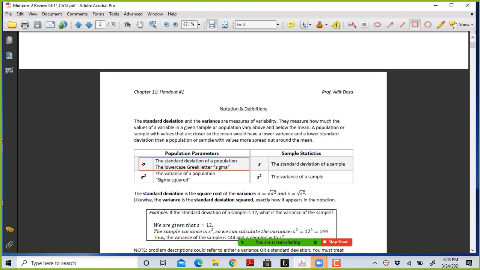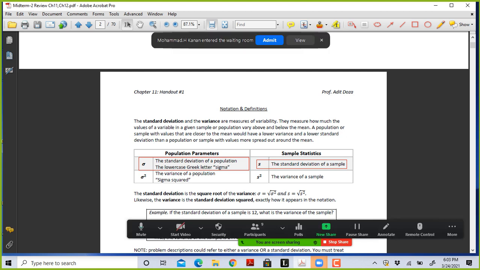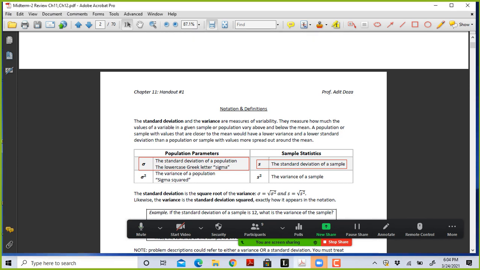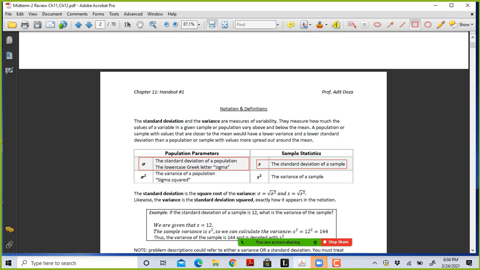So what sigma stands for, what sigma square stands for, or what S stands for? It's the standard deviation of the sample. So always be careful between sample and population. If I'm asking for sample, you know I'm asking for S. Or if I ask the variance of the sample, then S square. Is that clear?